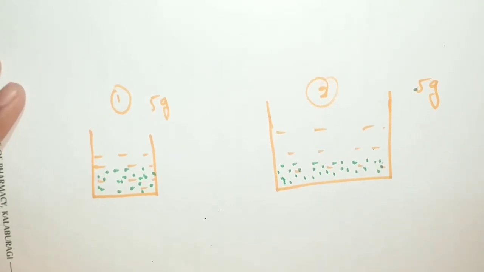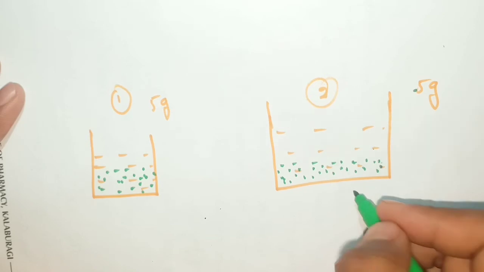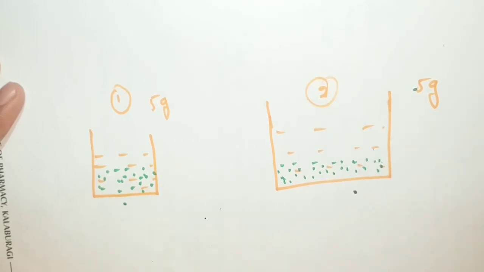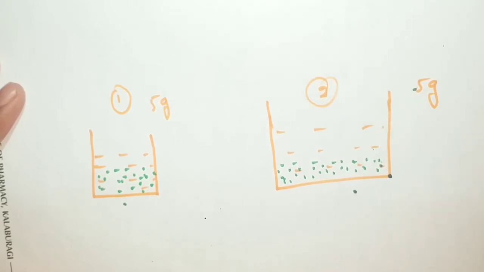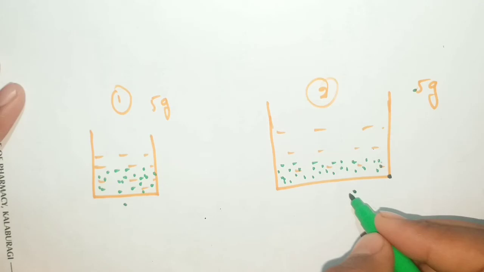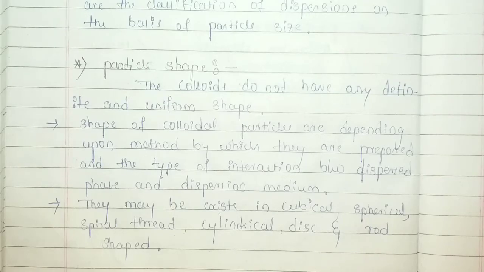The solubility is faster in the second beaker when compared to the first, because of the larger surface area. That is why the solubility is faster where the surface area is larger.